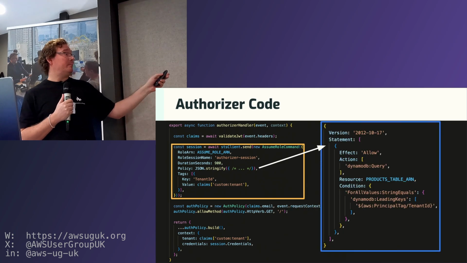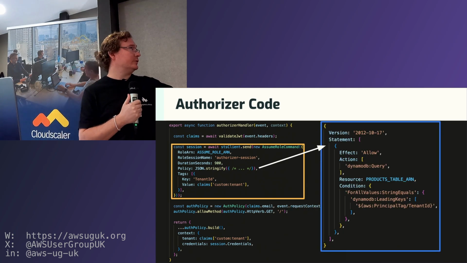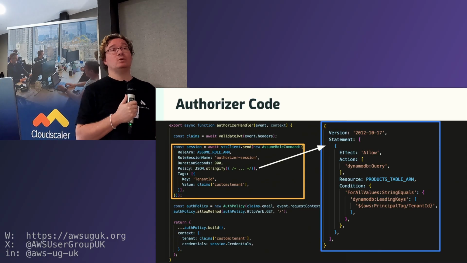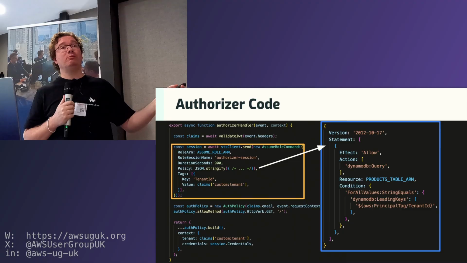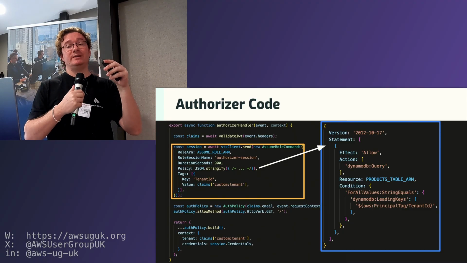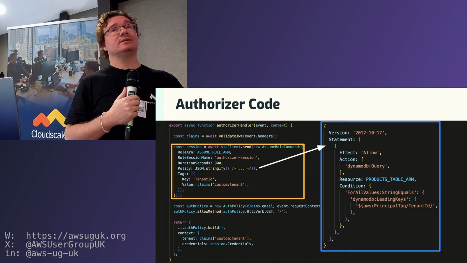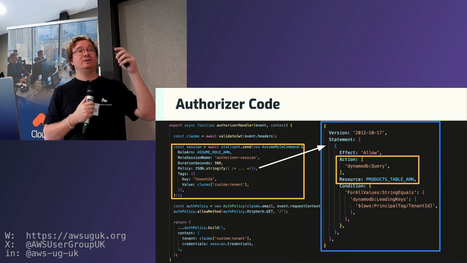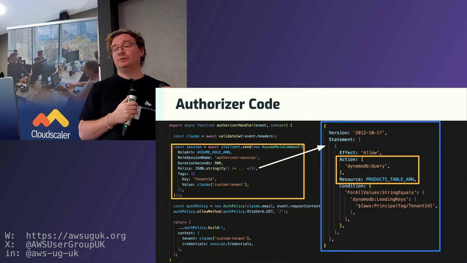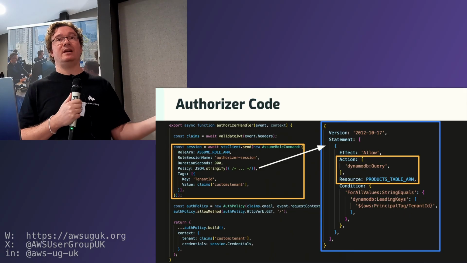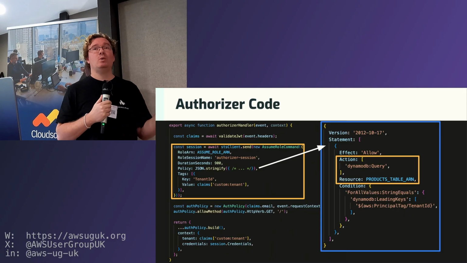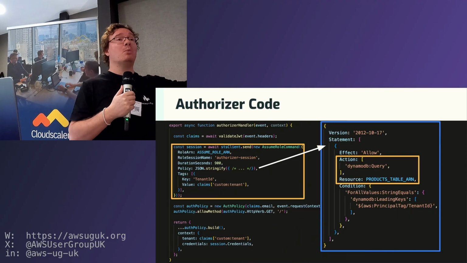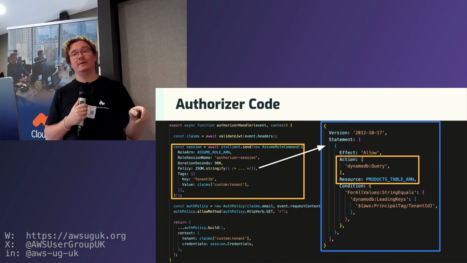The second part here on the assume role command is an inline policy. This inline policy is where we scope down those boundaries for this particular request. So here, for example, we're saying, okay, within those boundaries, for this particular request, you can only do a query on this products table. And this is the part where, depending on the user role or permissions, you can add more or fewer permissions.